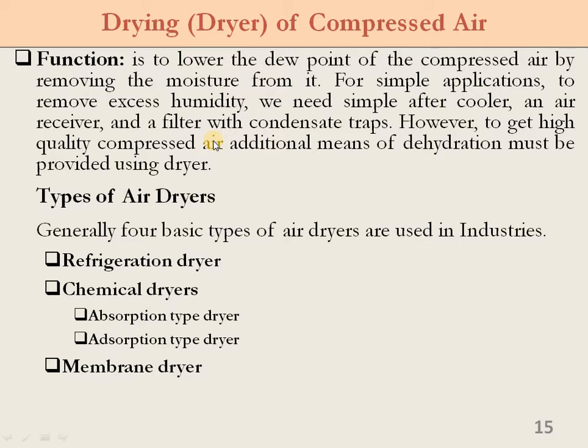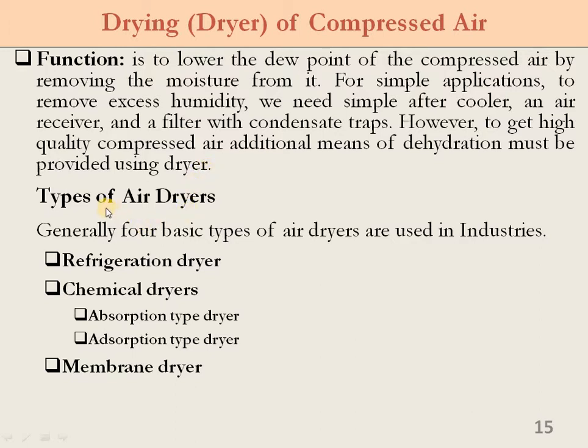For simple applications, to remove the excess humidity, we need a simple intercooler, an air receiver, and a filter which condensates or traps. However, to get high quality compressed air, additional means of dehydration must be provided using the dryer, because the dryer is used mainly to remove the moisture from the compressed air. So that is the main function of the dryer.